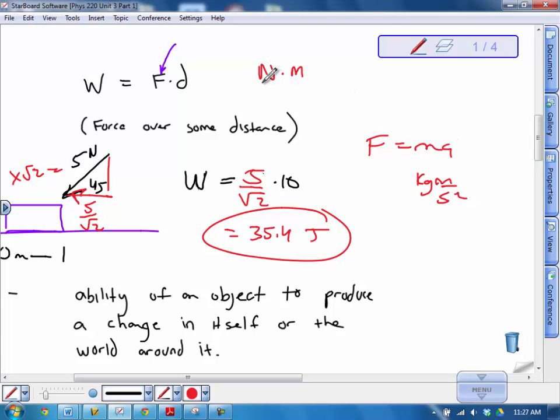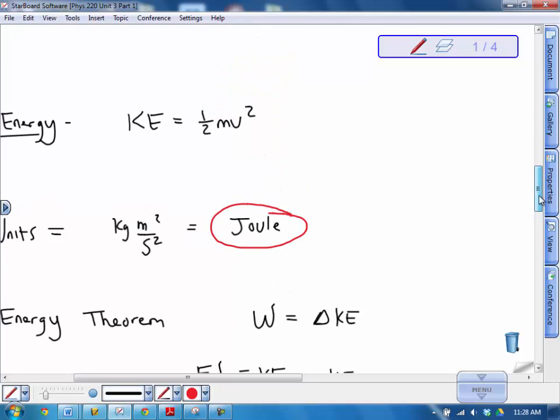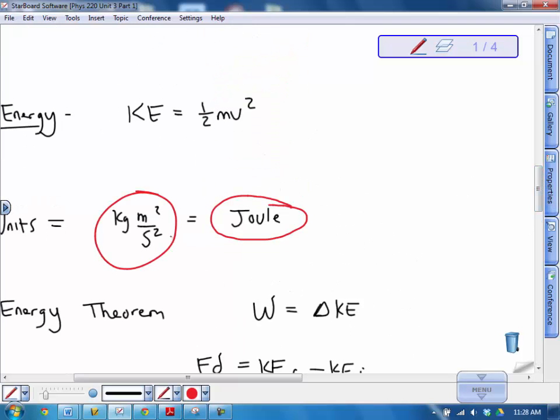A newton is really a kilogram meter per second squared, since F equals ma. So a newton times that meter gives you a kilogram meter squared per second squared, which is a joule. Either way you look at it, you get a joule, which is defined as kilogram times meter squared per second squared.